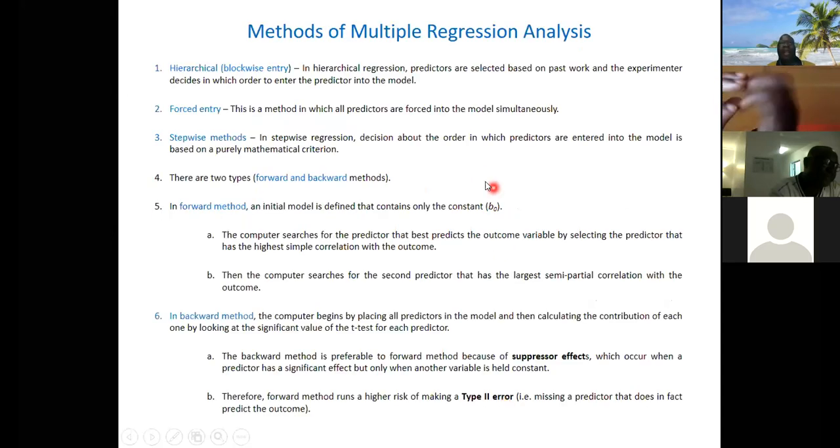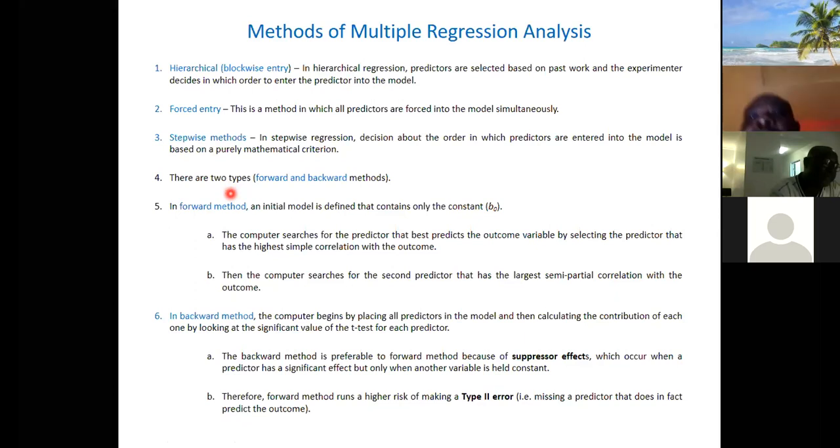Now, there are methods of running multiple regression. We have hierarchical, block entry, first entry, and the stepwise method. Under the stepwise method you have two types, forward or backward.